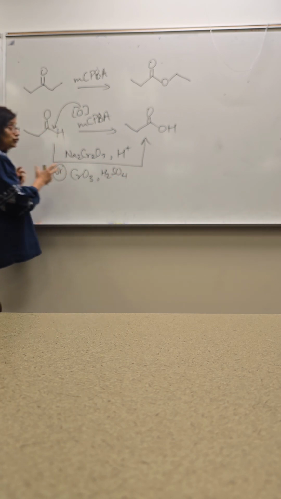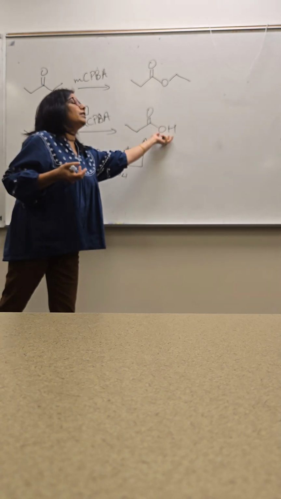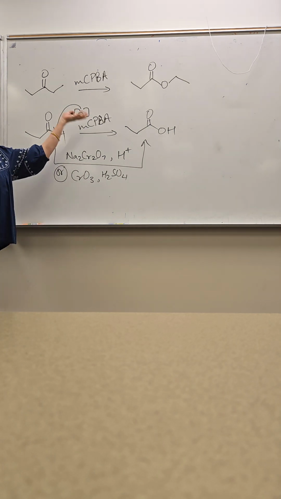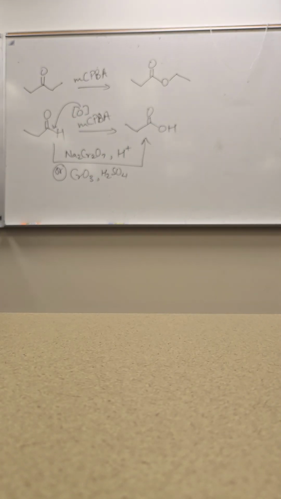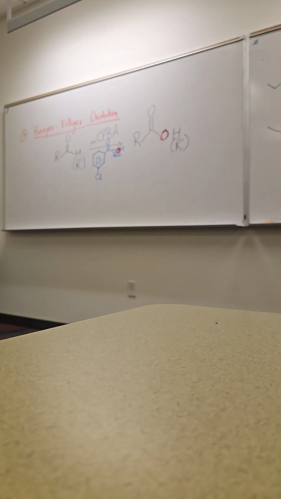The point is strong oxidizing agents can also be used to convert aldehydes into carboxylic acids. This Baeyer-Villiger oxidation is more useful for ketones because so far we have not been able to oxidize ketones. This allows us to oxidize ketones into esters. That's where it's more useful. Does that sound okay, everybody?